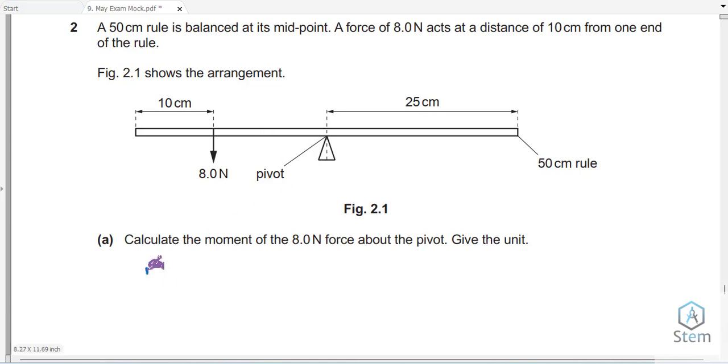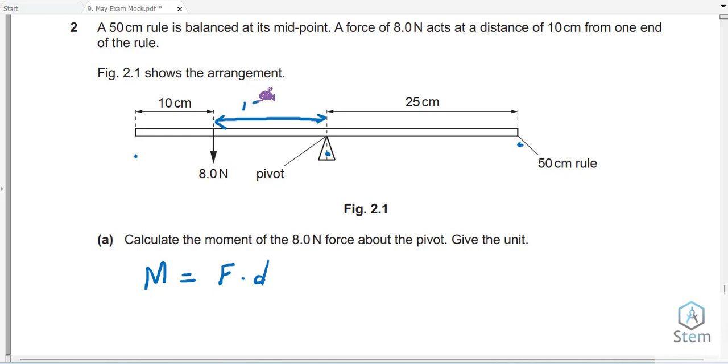Moment is equal to force times distance from the pivot. Now, this is a 50 centimeter rule, which means from pivot to the other end is 25 and to the other end is 25 centimeters. If you say 25 minus 10, you will find this distance here.